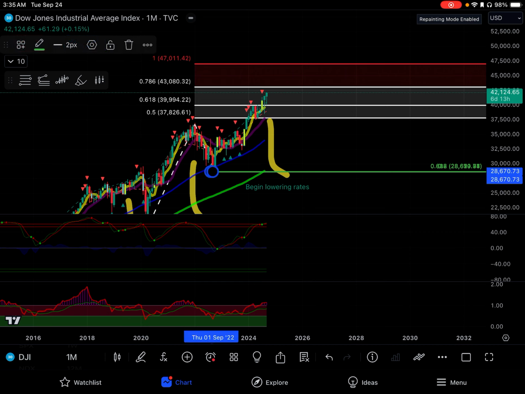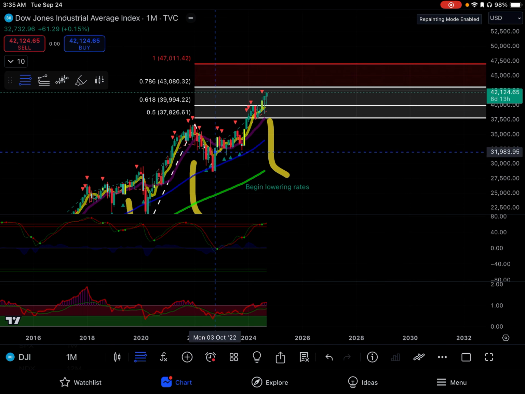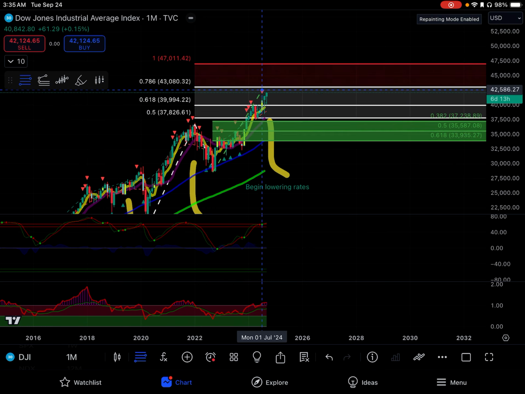It looks like my fib extension finally worked. Let's get rid of these and let's see what this shows now that things seem to be caught up.